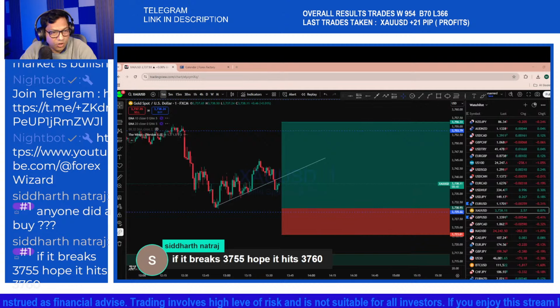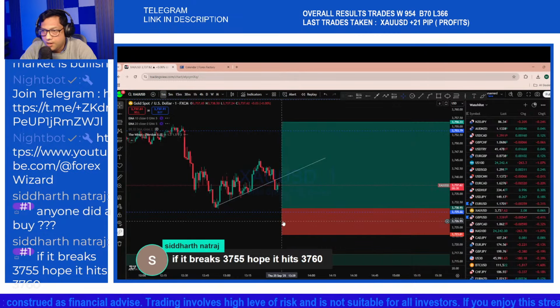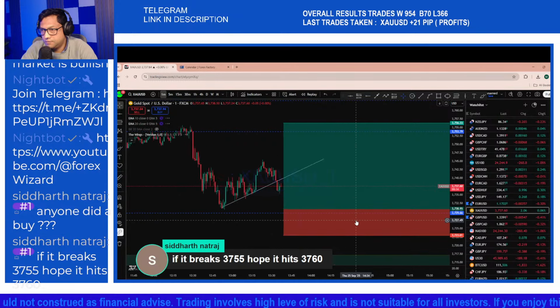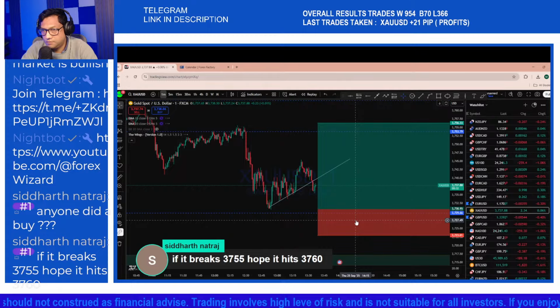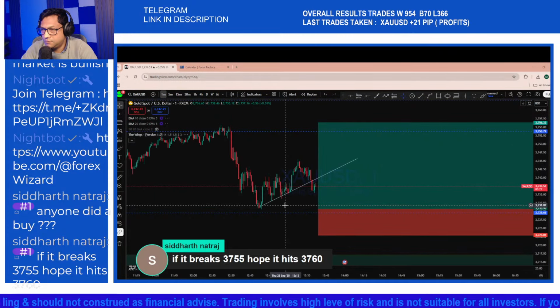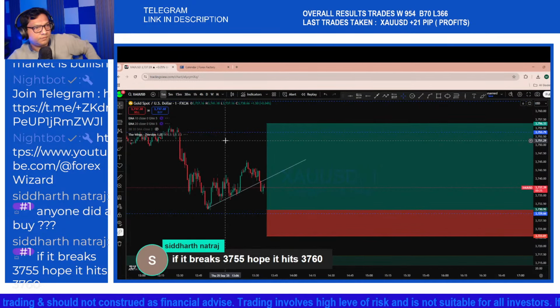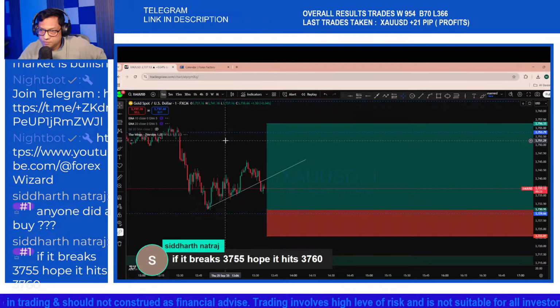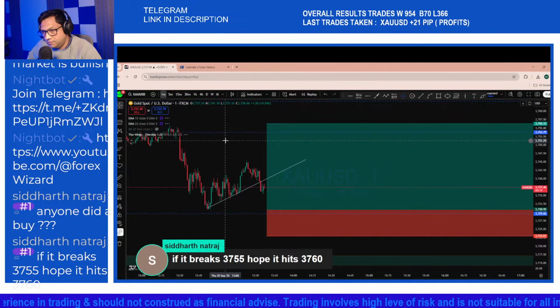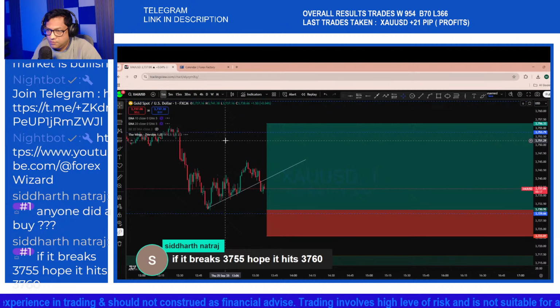The market tested the low here, and it takes a little time to load those EMAs.